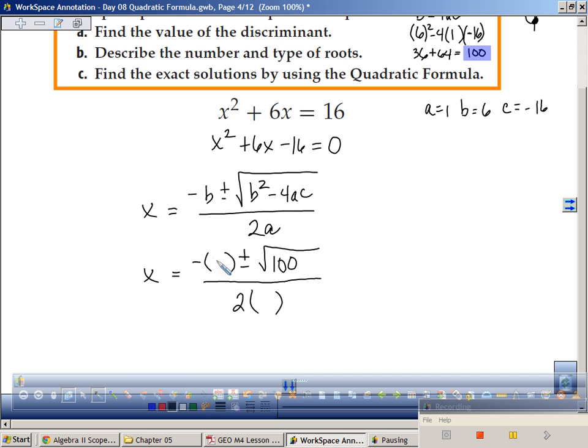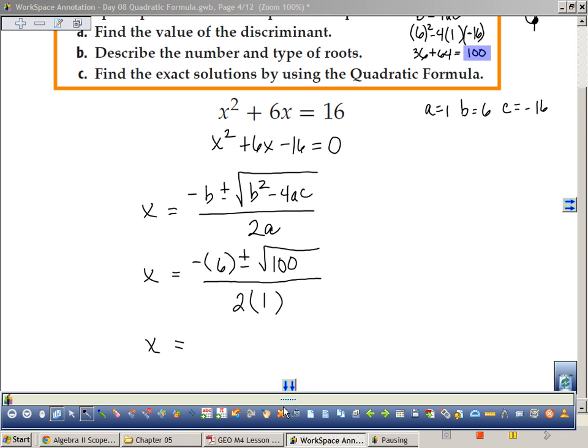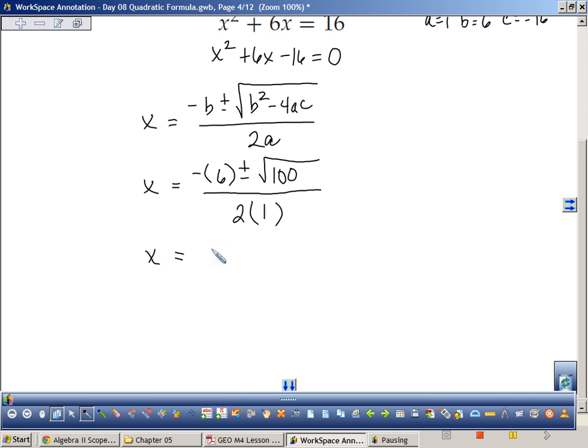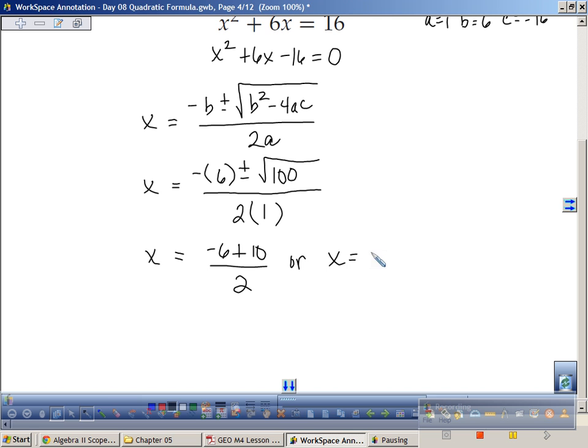All right, so b is 6 and a is 1. x equals -6 plus 10 over 2, or x equals -6 minus 10 over 2. Where did I get 10 from?